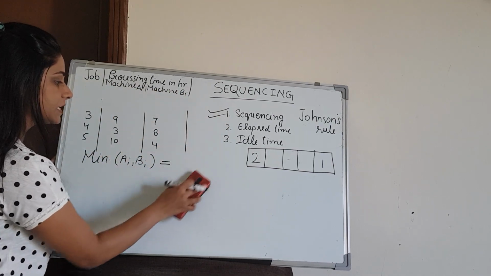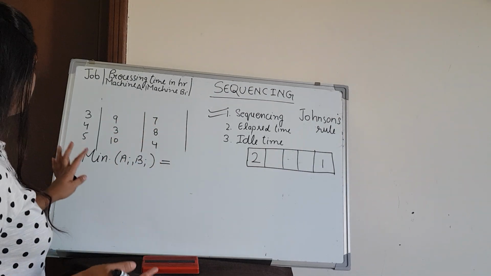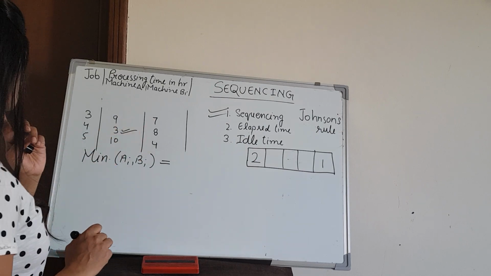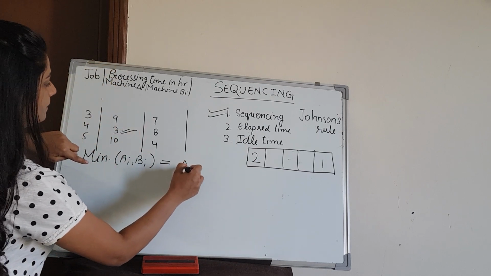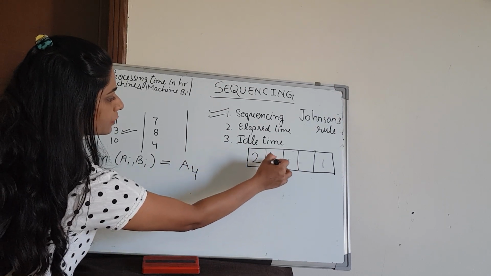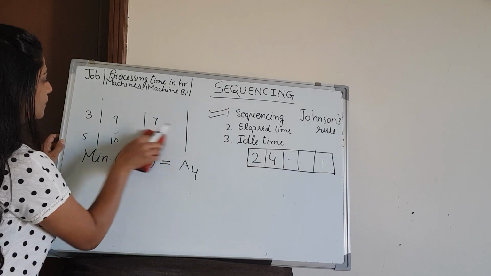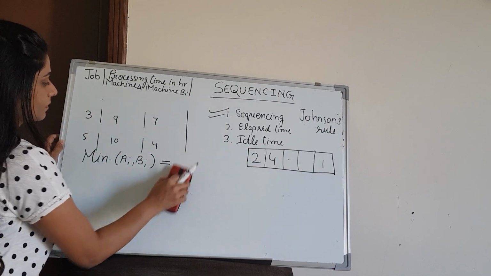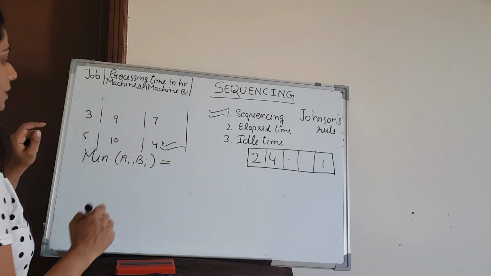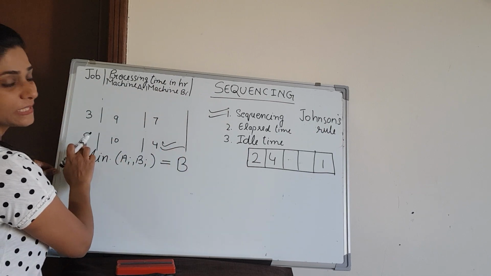Again we need to follow the same process. We have to repeat it. The minimum time of machines A and B is now 3, which we are getting from machine A, and the number of the job is 4. So this fourth job we will write here, and we will remove this row. Next, the minimum time of machines A and B this time is 4, which we are getting from machine B, and the number of the job is 5.